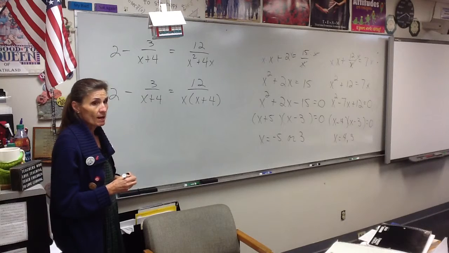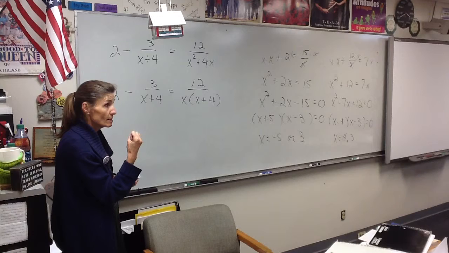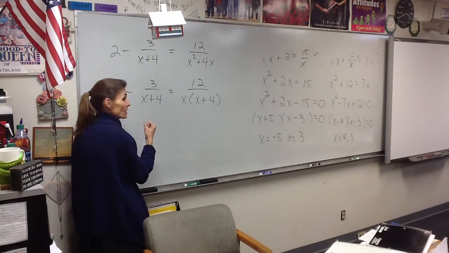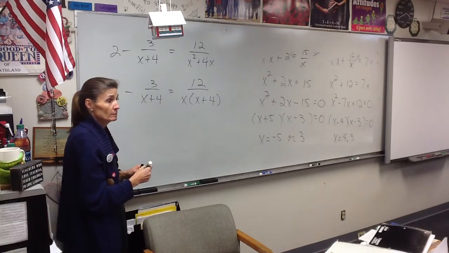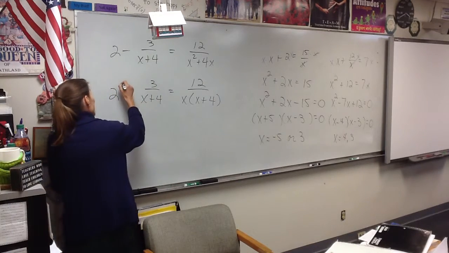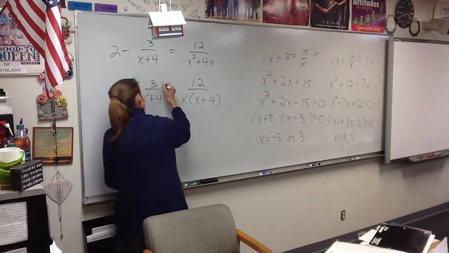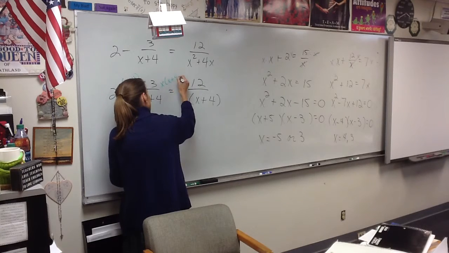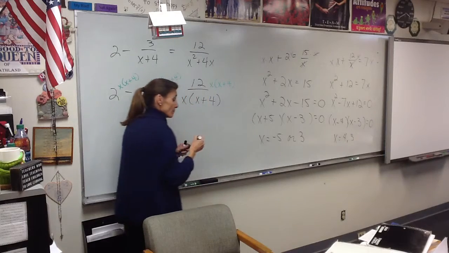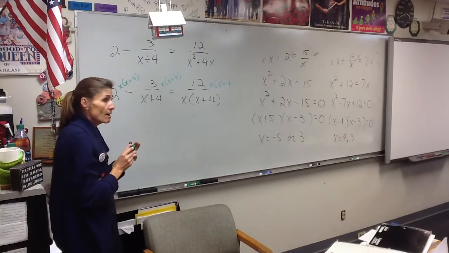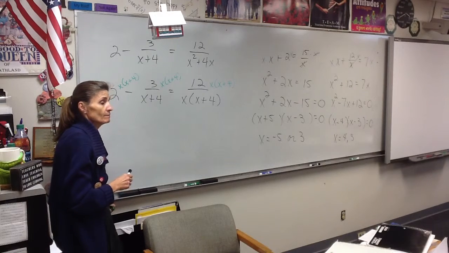Now, what's my common denominator going to be? Be careful, you have two denominators this time, right? So your common denominator is going to have an x and an x plus 4. So we're going to multiply everything by x and x plus 4. See how I write that down next to every term? Don't be lazy. Do that.